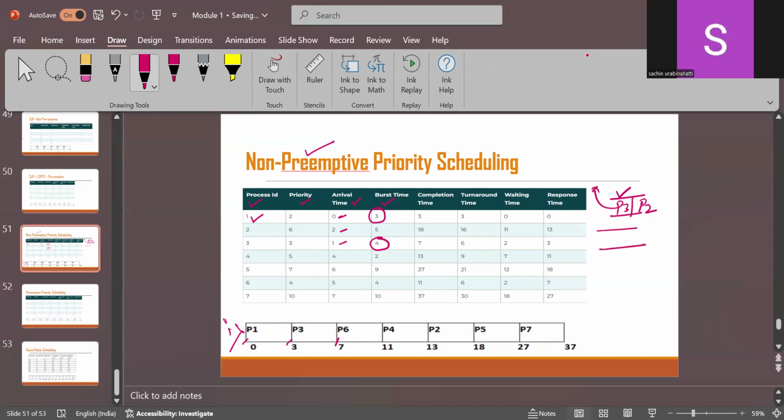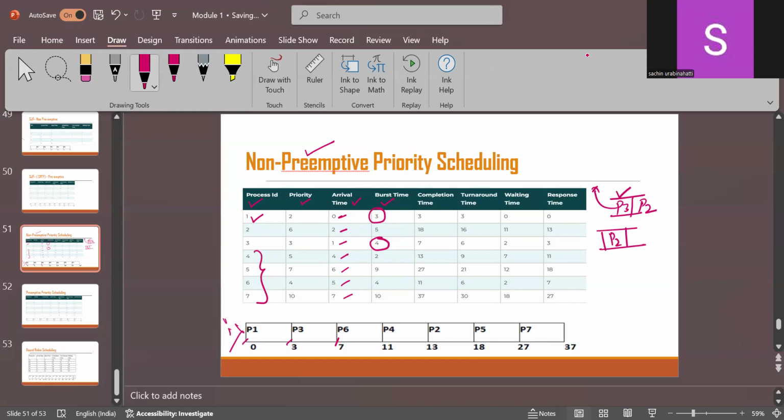What is remaining in the queue now? Only P2. But while the time unit travels from 3 to 7, during the execution of P3, processes 4, 6, 5 and 7 have all arrived.